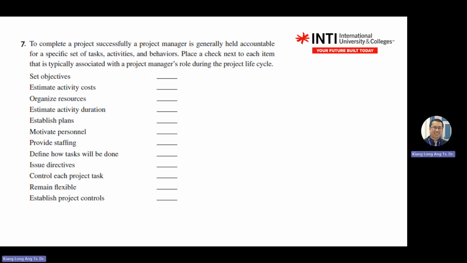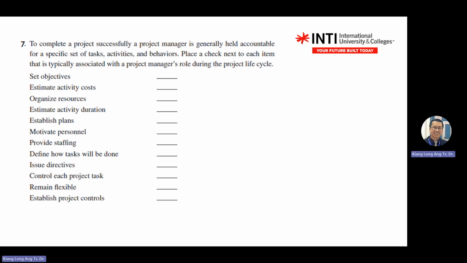Which one is not a PM job? Can you identify the obvious one?